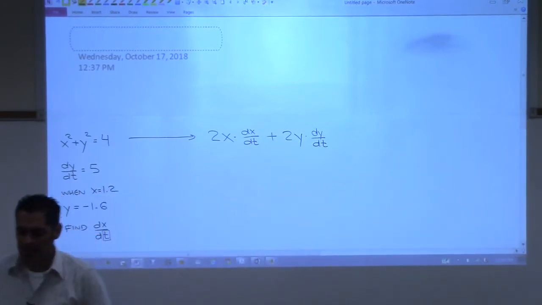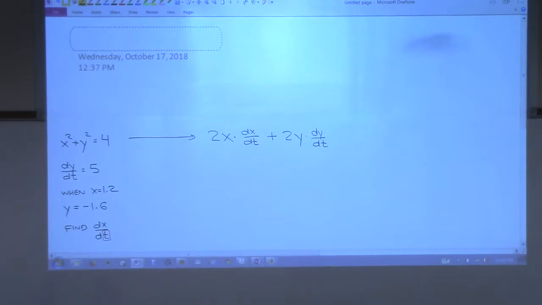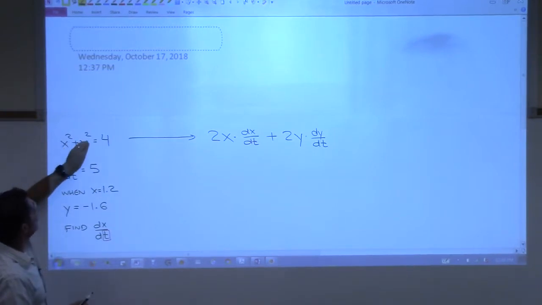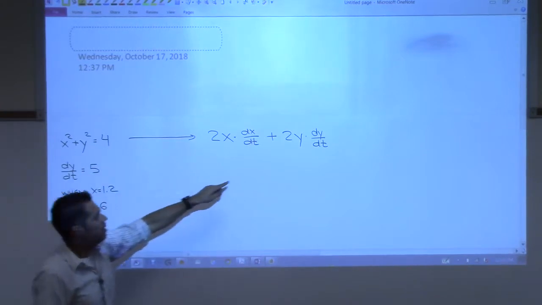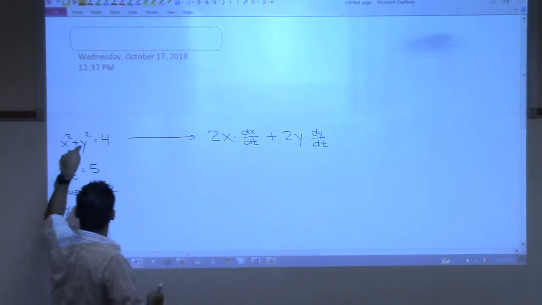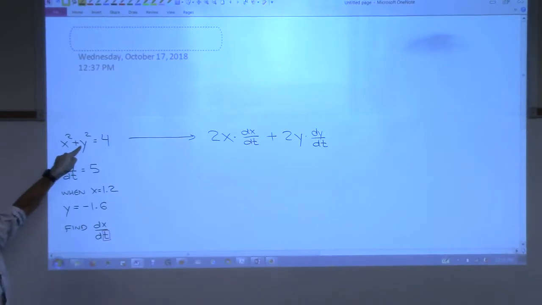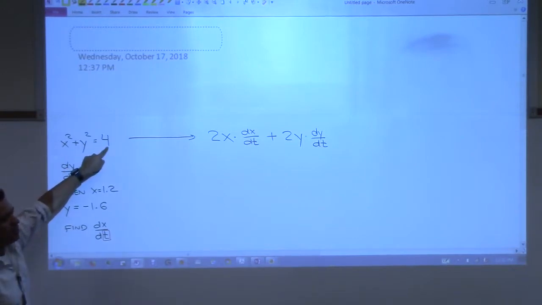The primes are not good for this sort of problem because they don't keep track of what variables are here. So that is the chain rule, right? We had some junk here squared. So we brought the 2 down, rewrote the junk to the first power, and then we took the derivative of the y itself, which in this case is dy/dt. Are we clear with that? Okay, moving on. Equals 0.